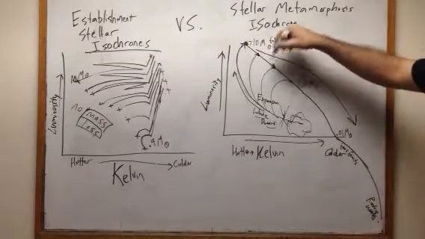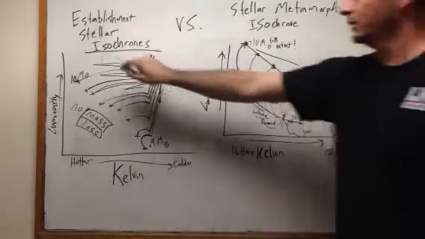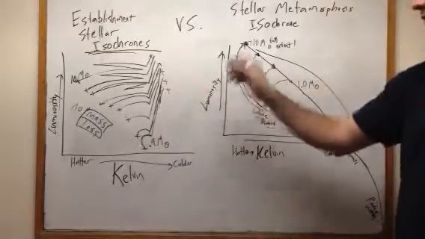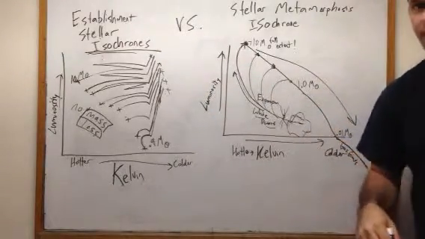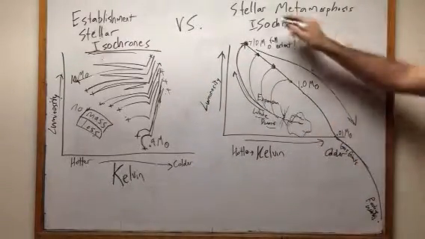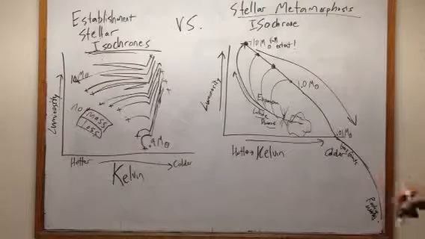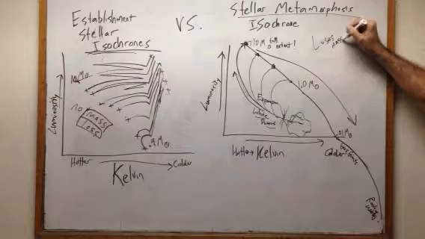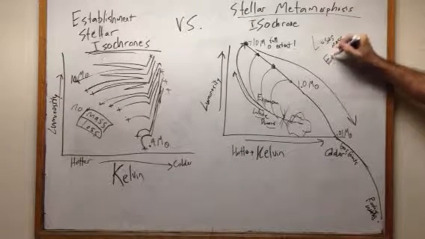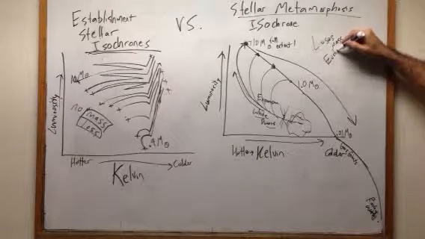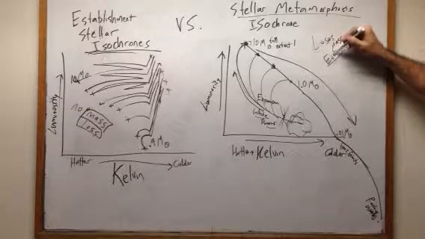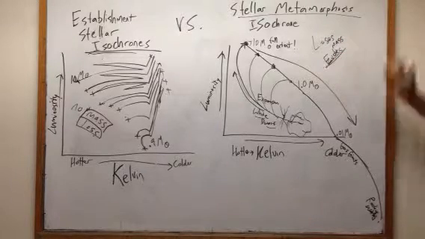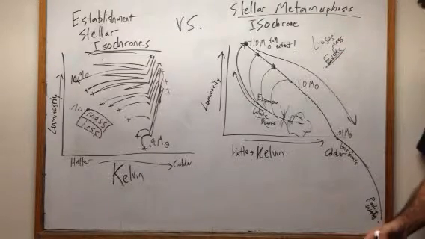But what this includes, which is not included by the establishment's version because their models don't have stars losing mass, is that in stellar metamorphosis, the star loses mass as it evolves. Stars evolve in stellar metamorphosis.